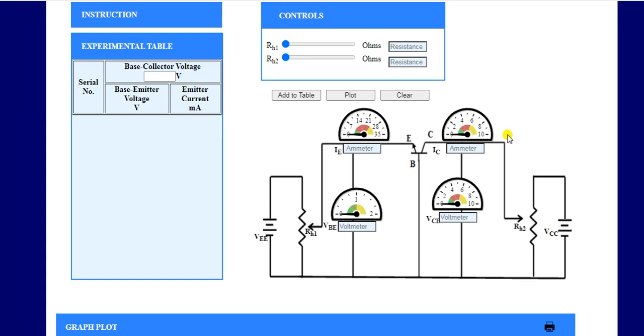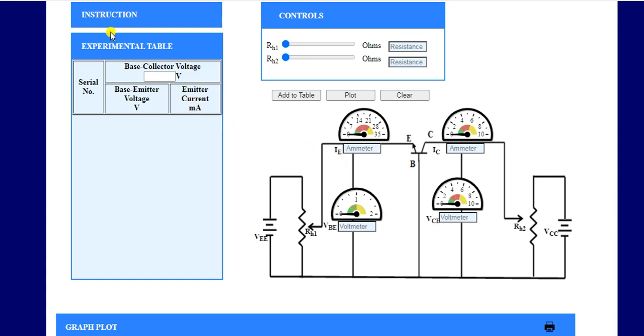The schematic of the common base configuration has two voltmeters to measure the voltage between emitter and base, and between collector and base, two ammeters for IE and IC, two bias voltages VEE and VCC, and two rheostats RH1 and RH2 to change the voltages VBE and VCE.